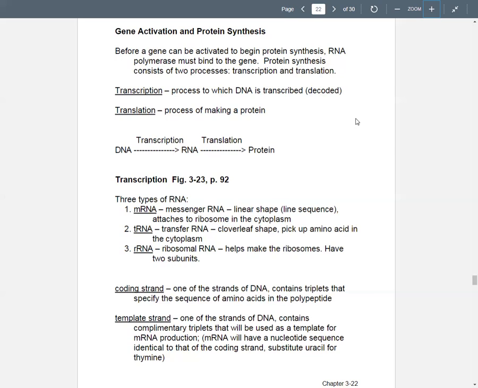Your template strand is the other strand of DNA and it has the complementary triplets that we use as a template for mRNA production. So the mRNA is going to have a nucleotide sequence that's identical to that of the coding strand, with the exception that RNA, remember, has uracil as a nucleotide and not thymine. So both strands are used, but both strands are not copied.